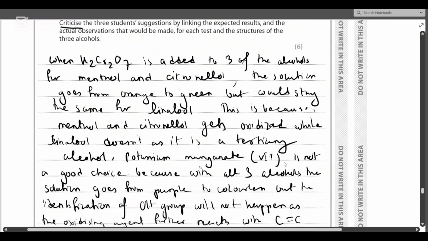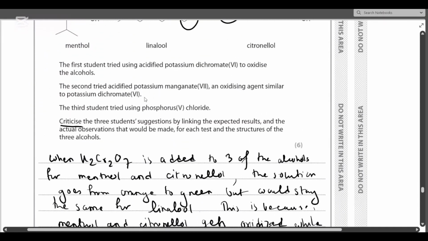So as a result, we won't be able to identify the presence of the OH group accurately.